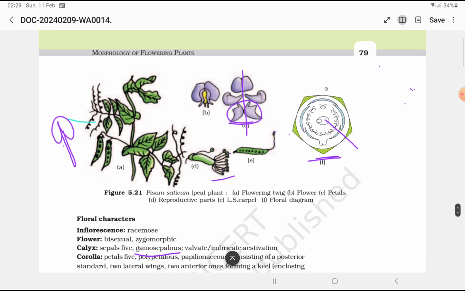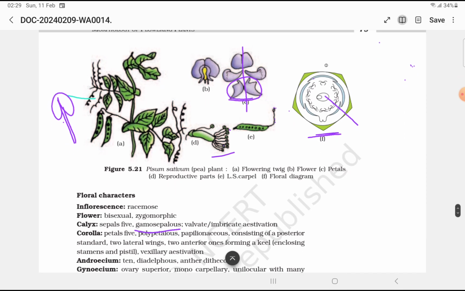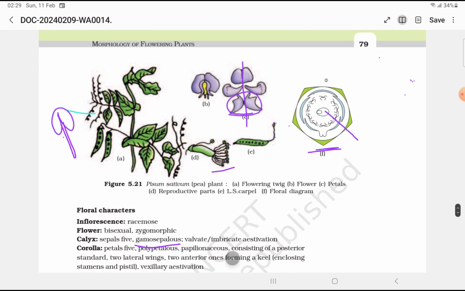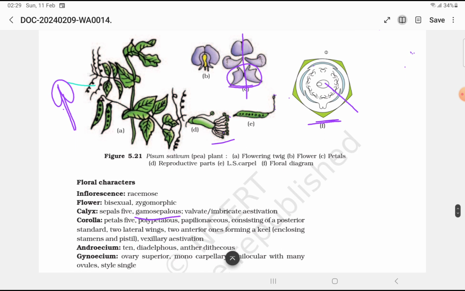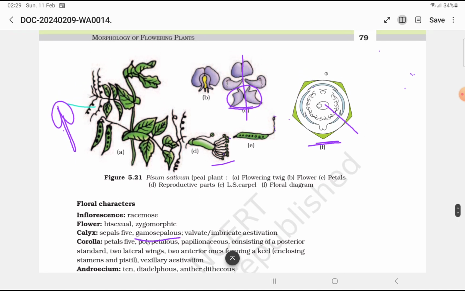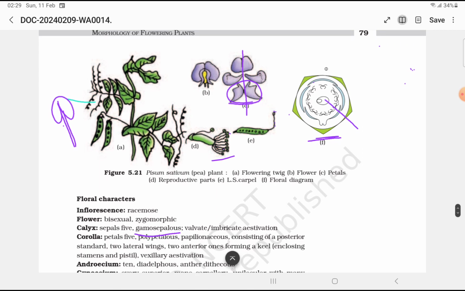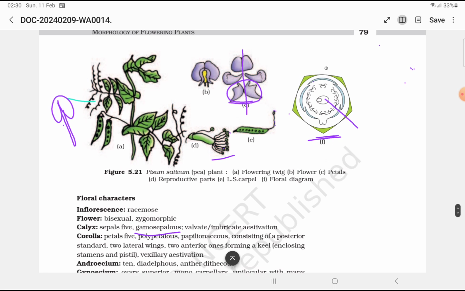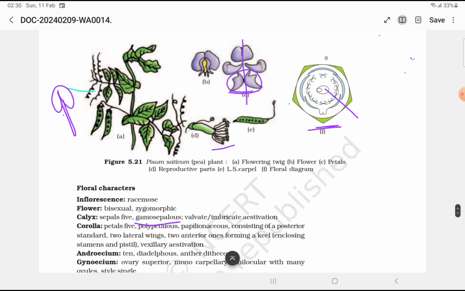So this is about Fabaceae. When you recollect the salient features, I can tell one after the other. Root means root nodules. Leaf means mostly pinnately compound leaf, pulvinus base. When you talk about the flower, zygomorphic flower, papilionaceous corolla, and the standard petal, wing petals, keel petals: posterior standard, lateral wings and anterior keel petals which are united, a very special feature.